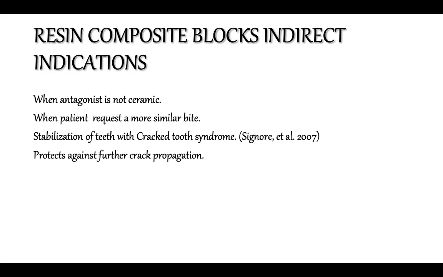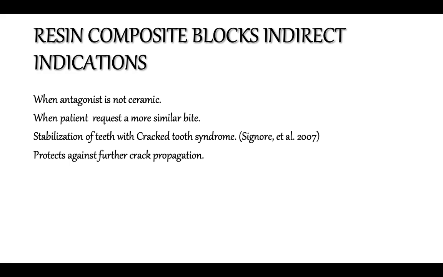They are not going to feel like they have a stone. Even though you do the best occlusion in ceramic, they are going to feel somehow that they have something that is not as comfortable as dentin or enamel. It's not the same.